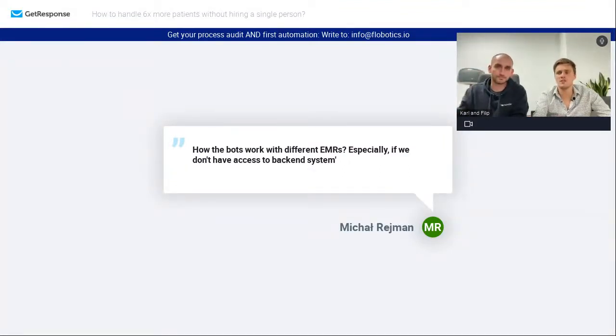RPA very often is used to move data from one system to another, especially if there are no APIs or the manufacturers of the application don't make it easy, which is a normal case actually. So with RPA, we do migration from one system to the next when there's no easier way to do it, because some of these providers just don't want you to leave their platform. Sometimes we had cases when a lot of systems had to communicate to each other, like 4, 5, 6, 7. This is a mess for a human, but when you organize it well, robots cooperate very well. That was a very good question.